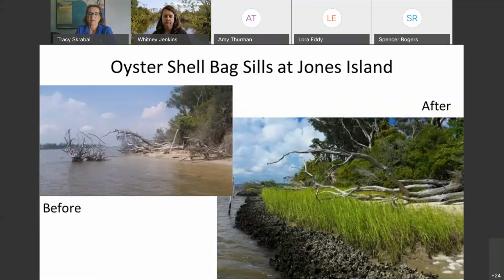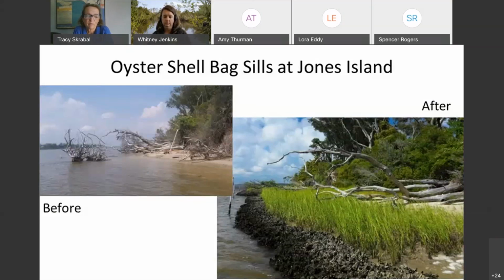This is one of Lexia's projects, again, in the White Oak River, and I would categorize this as higher energy, really vulnerable. This is Jones Island. You see it from the double bridges as you go across on the White Oak River. And I think they did about 1,300 feet here.